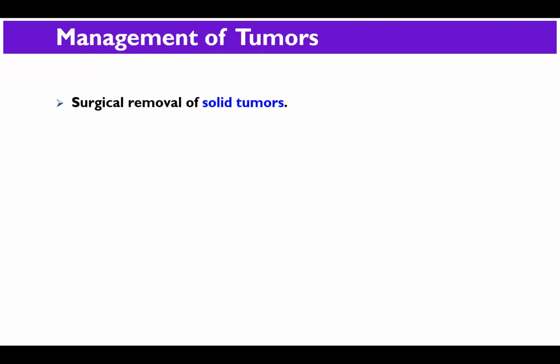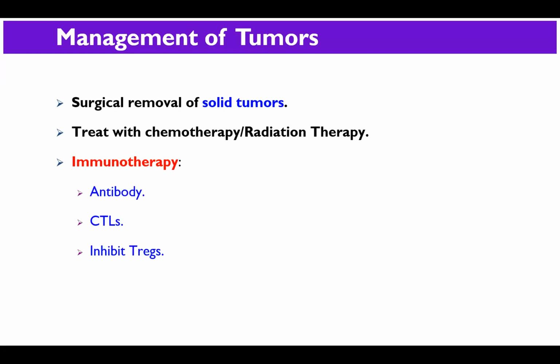So if it's late in the process and you have formation of solid tumors, the most common way of dealing with this has been surgical removal of the solid tumor. But of course, by the time you have a solid tumor, you have already had metastasis. The cells have spread within the body. So you have to follow that with treatment, chemotherapy, radiation, to kill those residual cells.